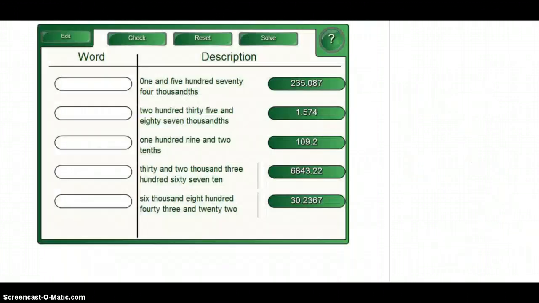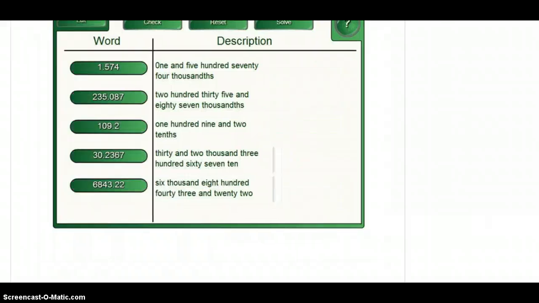Take a couple of minutes and see if you can match the correct numbers with the correct words that describe them, and then check and see if you're right. Here are the correct answers. How did you do? Are you getting a hang of it? Again, remember that the last word tells you the place value that the last number should end in. Let's try some more.